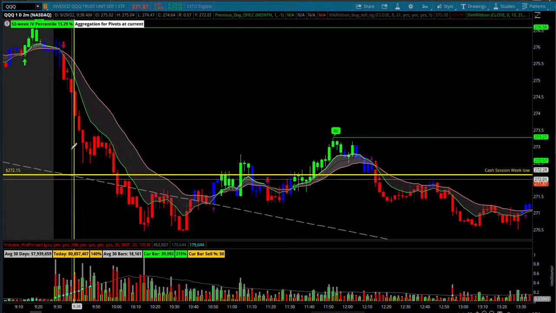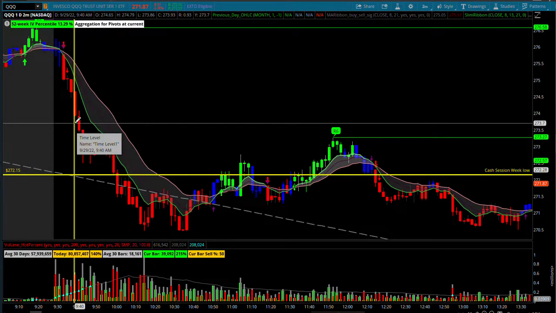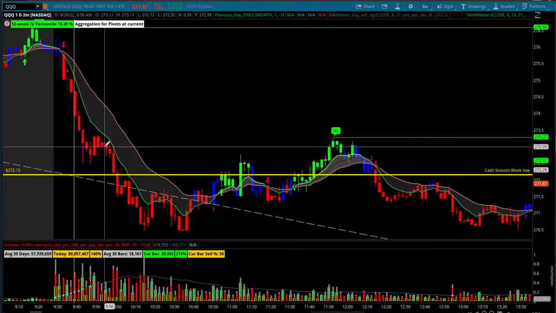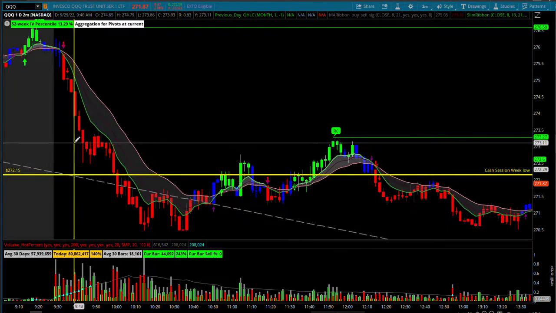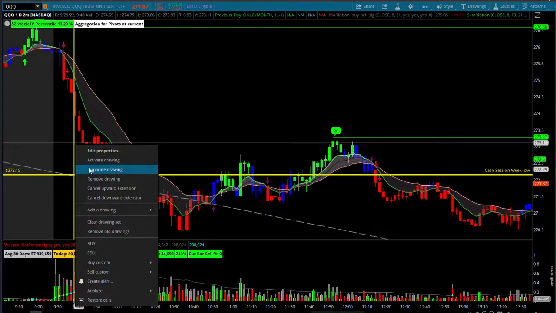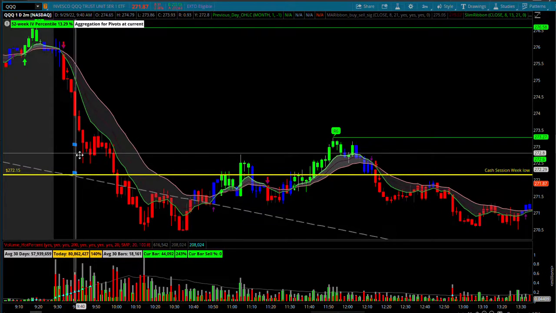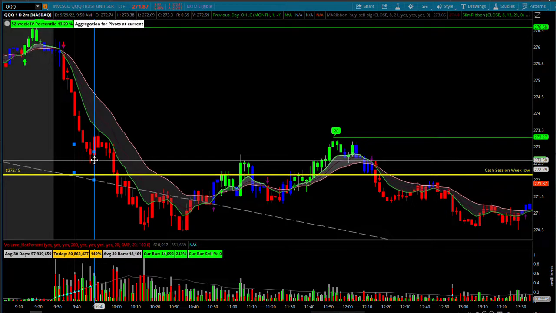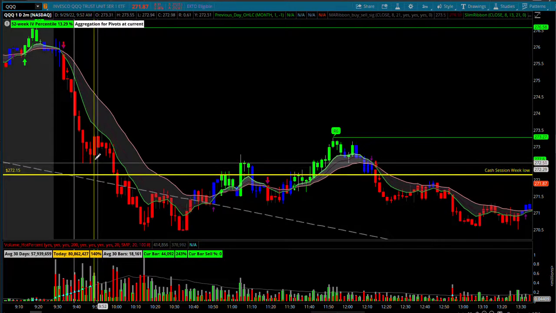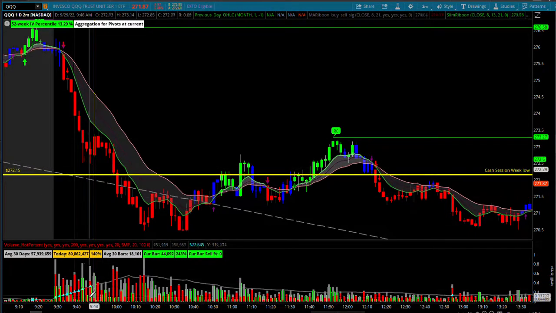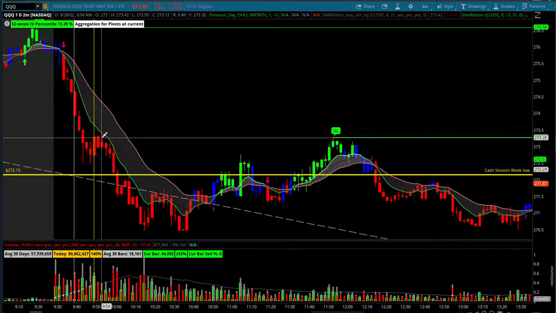So that was the first one I was looking at right there, 940. And like I said, I'm getting in at 956. Then I came over here, looked at that one right there, and saw what was going on. They put that high volume in, and then we started wicking out.